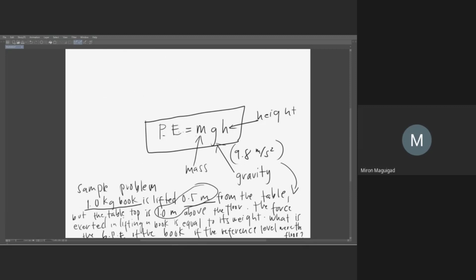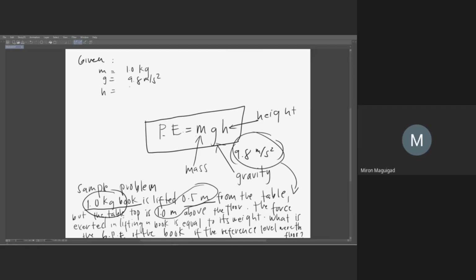What is the gravitational potential energy of the book if the reference level were the floor? We have the mass here, which is 1 kilogram. We know it is mass because of the kilogram. Next is the gravity, the standard 9.8 meters per second squared.